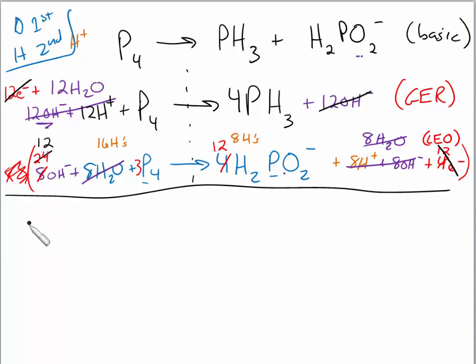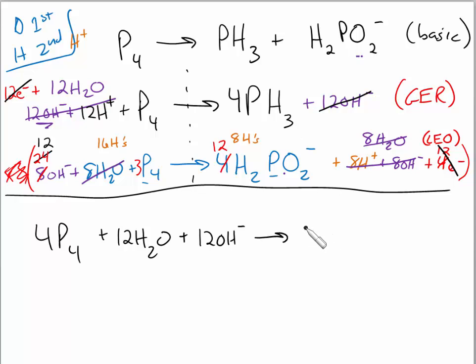And yeah, I'm just going to say 4 P4 molecules. And what do we have? 12 water molecules, and we have 12 hydroxide ions. That's the only things here, right?